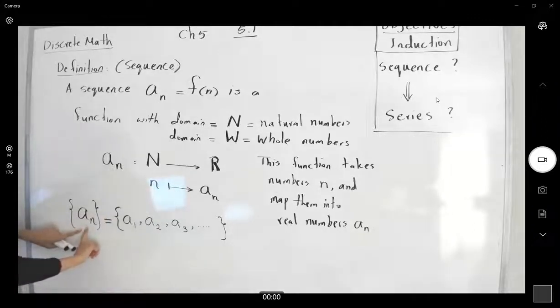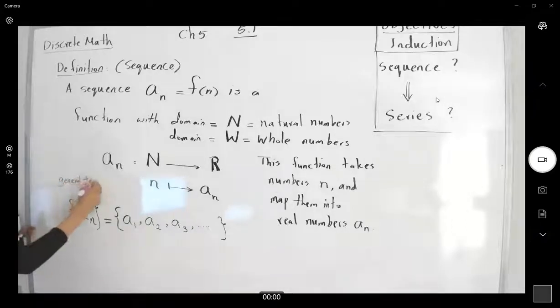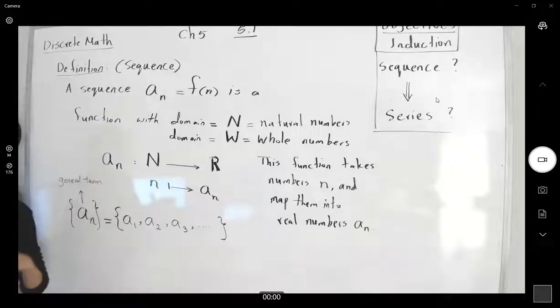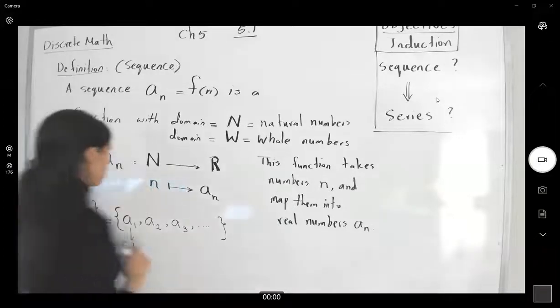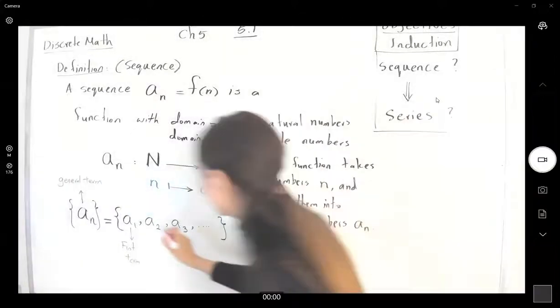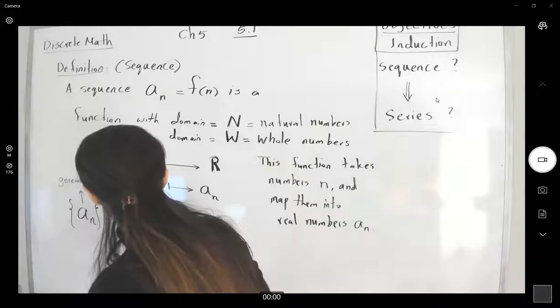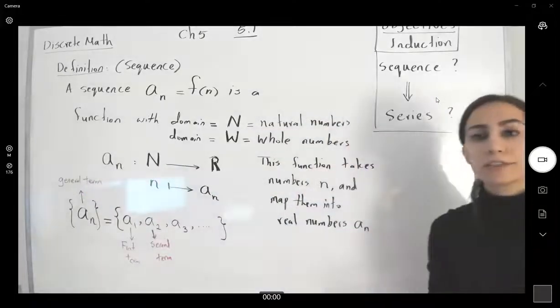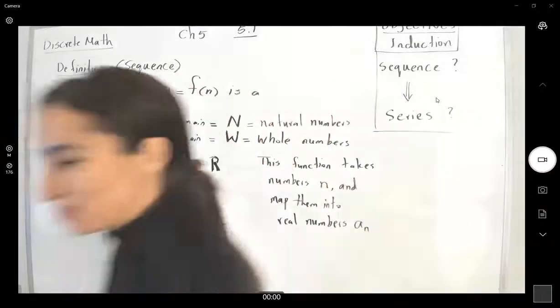So this is called the general term. A sub 1 is the first term of the sequence. A sub 2 is the second term. A sub 3 is the third term, and we continue this process.